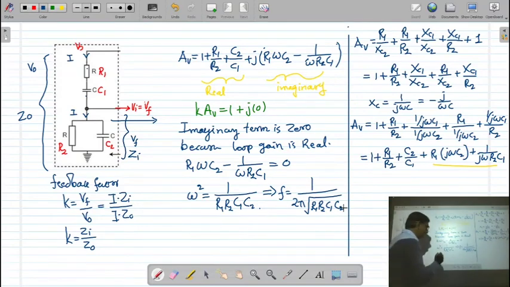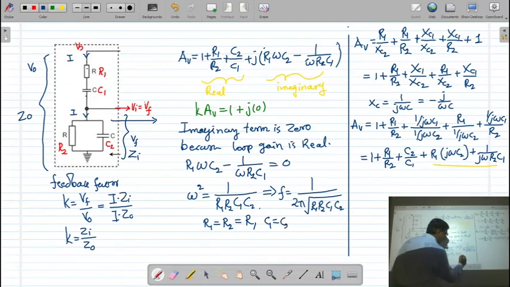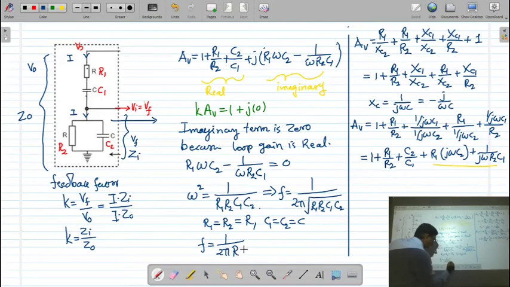But in the normal case, R1 is equal to R2, let us say equal to R, and C1 is equal to C2, let us say equal to C. Then the frequency of oscillation comes out to be 1 upon 2 pi RC.